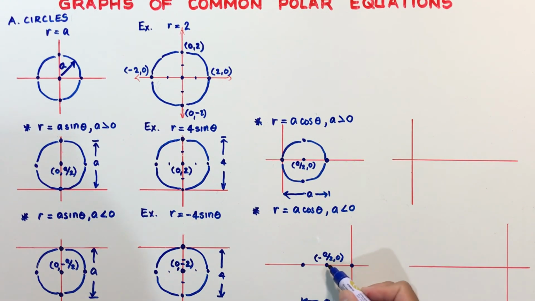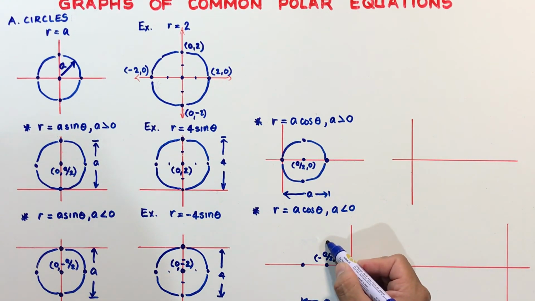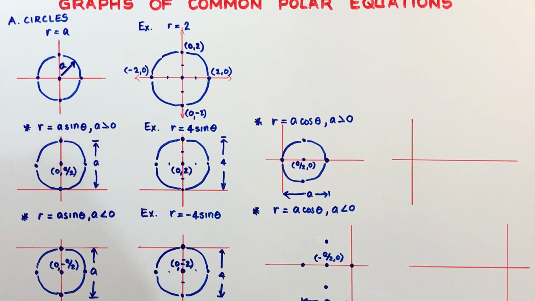And since the radius is a over 2, you go a over 2 upward and a over 2 downward, and then you can approximate the graph of a circle whose radius is a over 2 and whose center is along the x-axis but to the left of the y-axis.